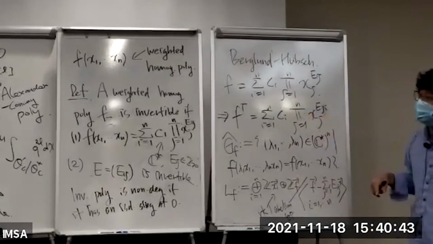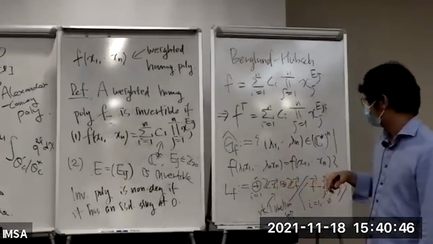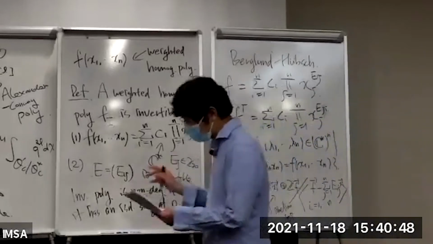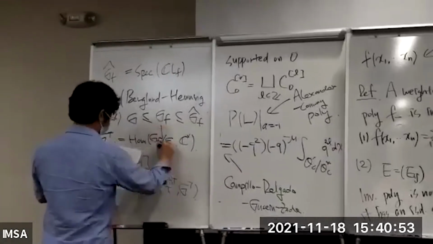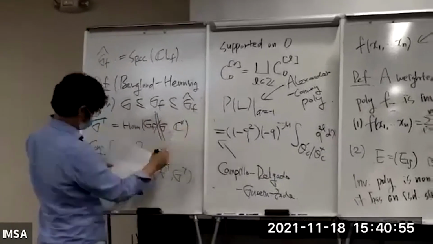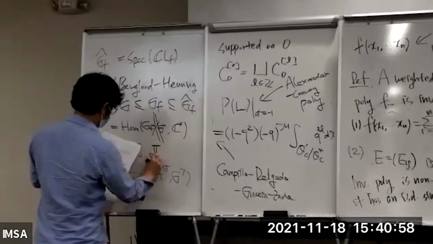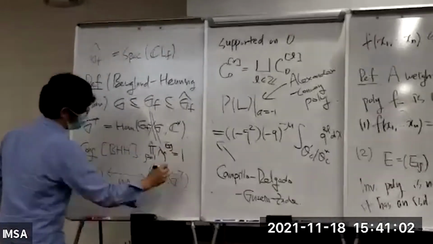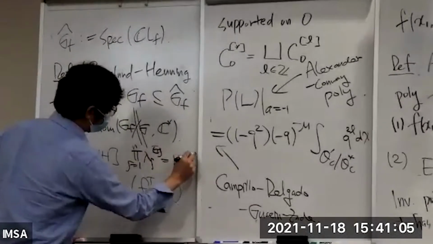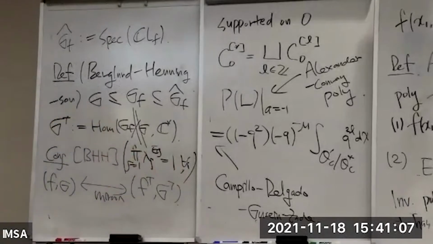If I impose this condition, that J is 1 for every R, then I will recover this G. Anyway, G hat is the group preserving this map.